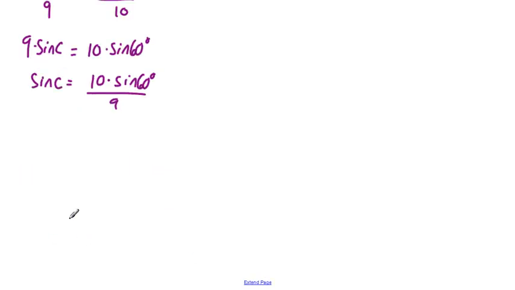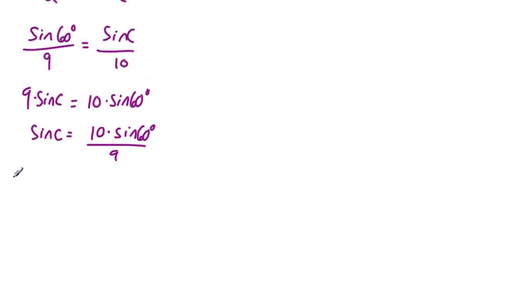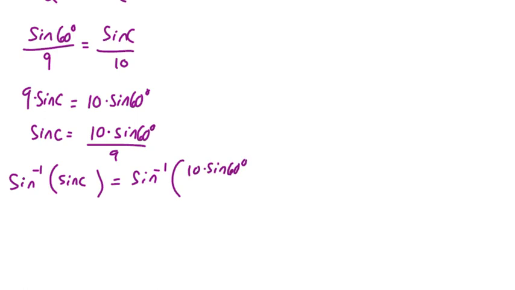The way you show that mathematically is I do the sine inverse of sine of C. I'm taking the inverse of the left side, so I must do the same thing on the right side: the inverse of 10 times sine of 60 degrees all over 9. We want that because sine inverse and sine are opposite operations. So this is how we get our C.